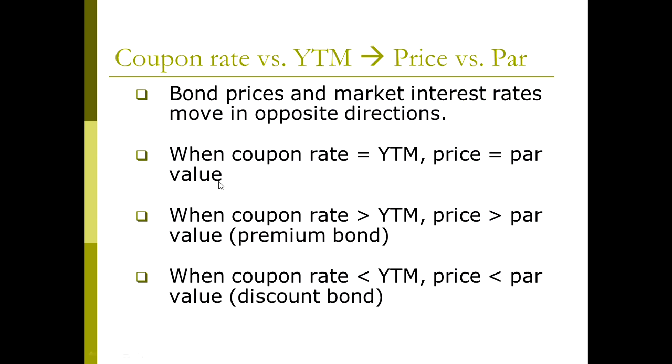Okay, so basically let me summarize. When the coupon rate equals the discount rate or the yield to maturity, the price of the bond is the par value, $1,000. When the coupon rate is higher than the discount rate or the yield to maturity, the price is higher than the par value. That is called a premium bond, which is our first case, where the bond price is $1,056, higher than the $1,000 par value.